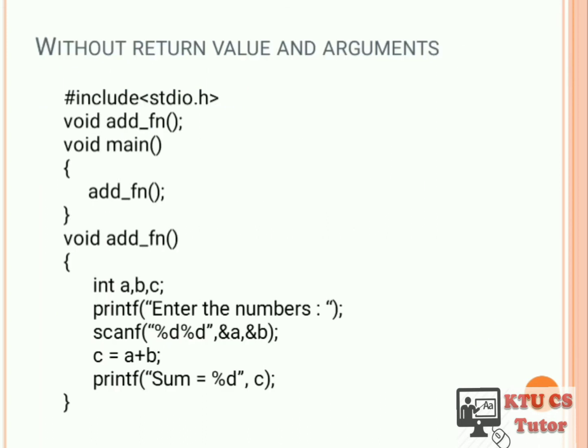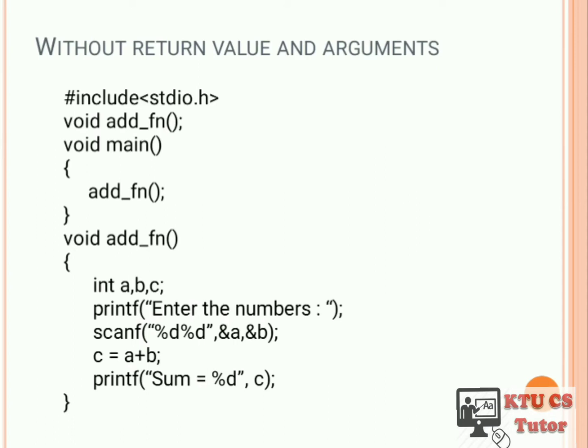So in the first case, we are considering function without return value and without arguments. That means we are not passing any values to the function from the main function, or we are not giving back any values from the function to the main function.